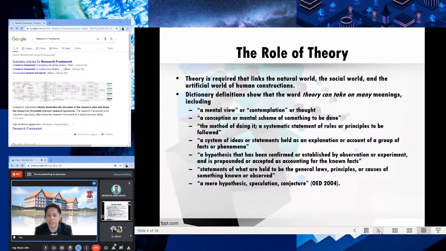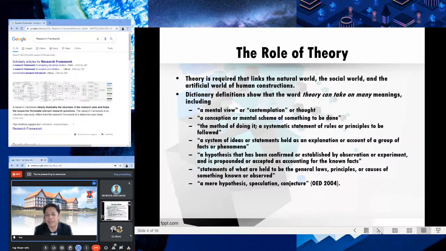In science, for example, a very simple one that I always use is the theory of gravity. They conducted a lot of experiments. Any mass that falls shows that there is gravity. That's a simple example I can share with you.